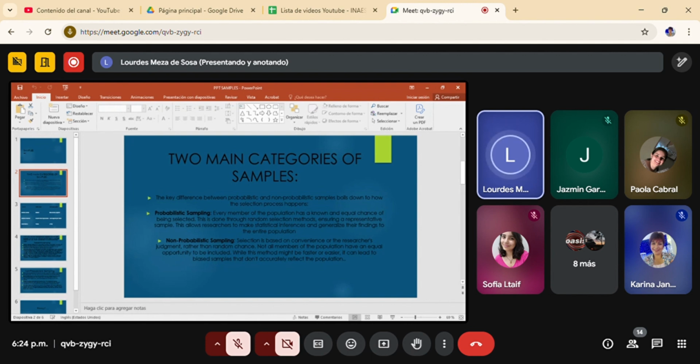That's a non-probabilistic sampling because I will not allow the whole population to be included. So somebody which is about my age, for example, won't be asked whether I like hamburgers or hot dogs. Is that understood? Yes? Is that kind of clear or not?